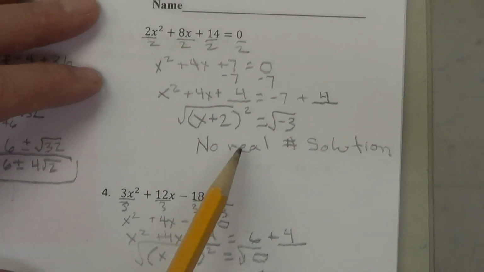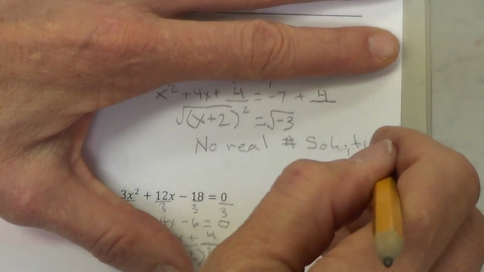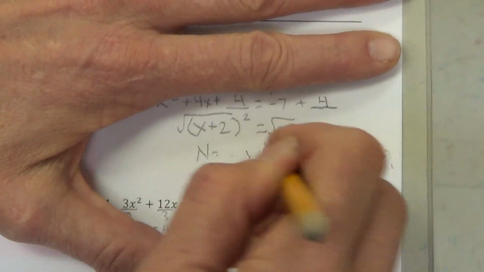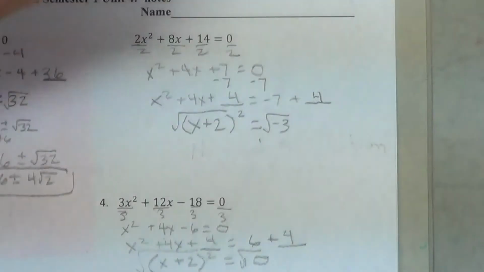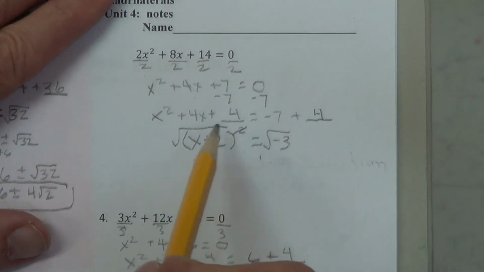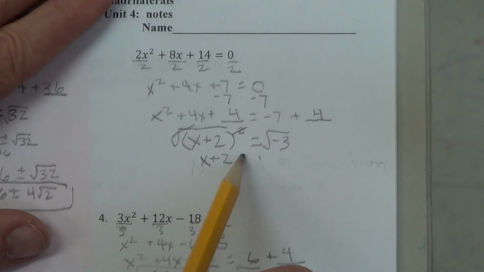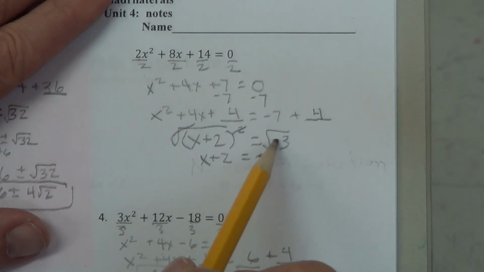Okay, new thought that just hit me. You are in Algebra 2, so we don't stop this last one at this point. You just completed a section on complex numbers. You guys were probably laughing at me. I do so many of these tapes, I forgot which class I was in. So when we get to here, we have x plus 2 equals plus or minus, we can pull out that negative.